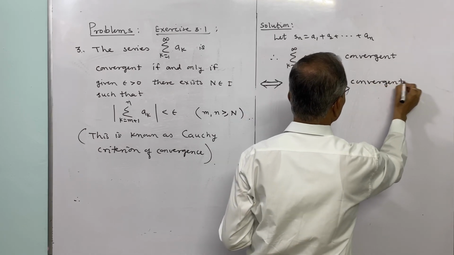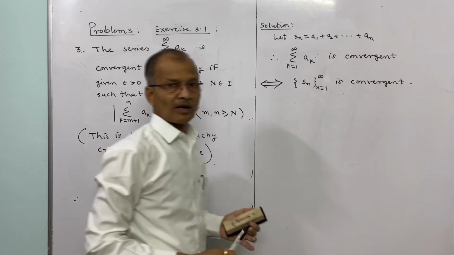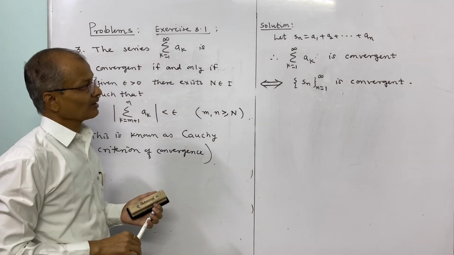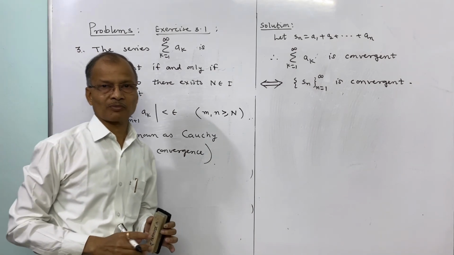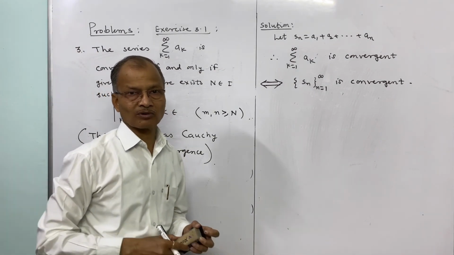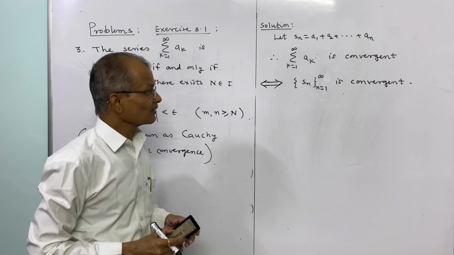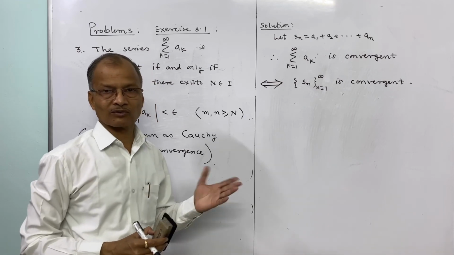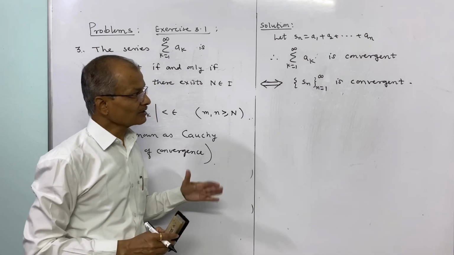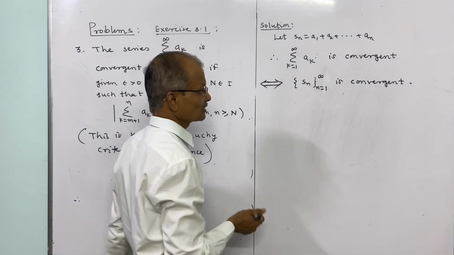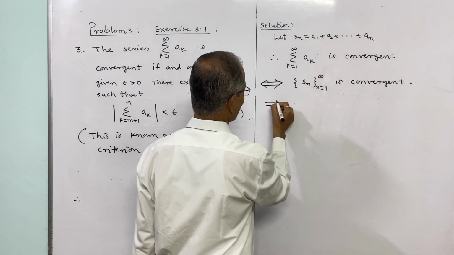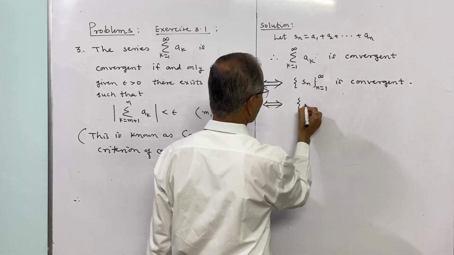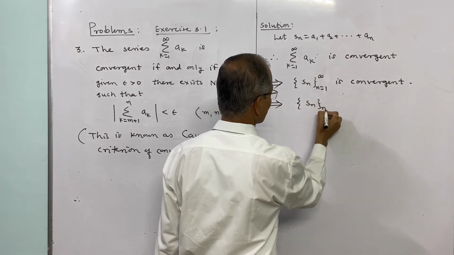And we know a convergent sequence is a Cauchy sequence. In the chapter on sequences, the important result is that for sequences of real numbers, Cauchy and convergent are equivalent. A convergent sequence is a Cauchy sequence and a Cauchy sequence is a convergent sequence. So this implies and is implied by Sn being a Cauchy sequence.